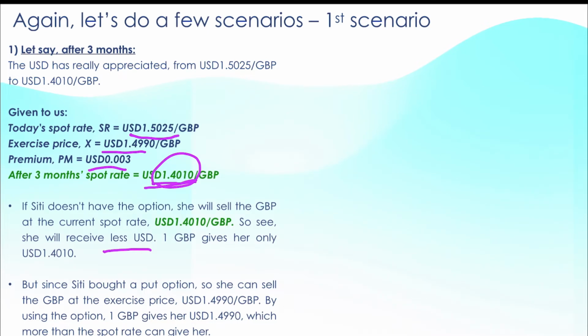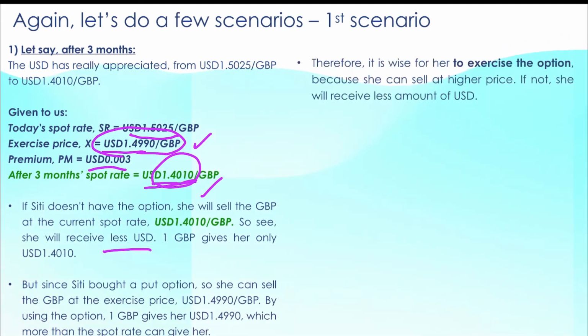Okay, so now Citi has the put option. Rather than sell at 1.4010, she had better exercise the option, which gives Citi more profit. Therefore, it is wise for her to exercise the option because she can sell at a higher price.